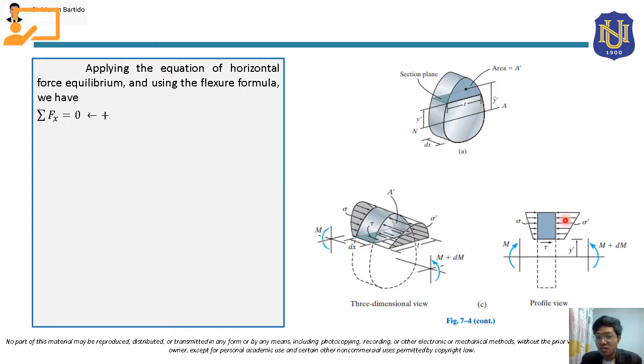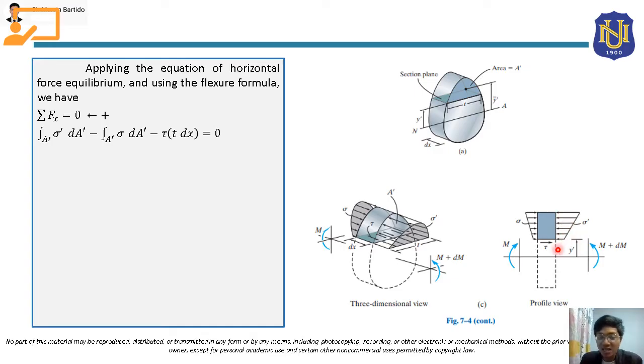So for these stresses, class, we are going to solve for their equivalent force. We know that the formula for stress is force over area. So to solve for the equivalent force of this stress, force is equal to stress times area. In this case, for this stress, which is directed to the left, it will be positive. It will be multiplied by the area where it acts.